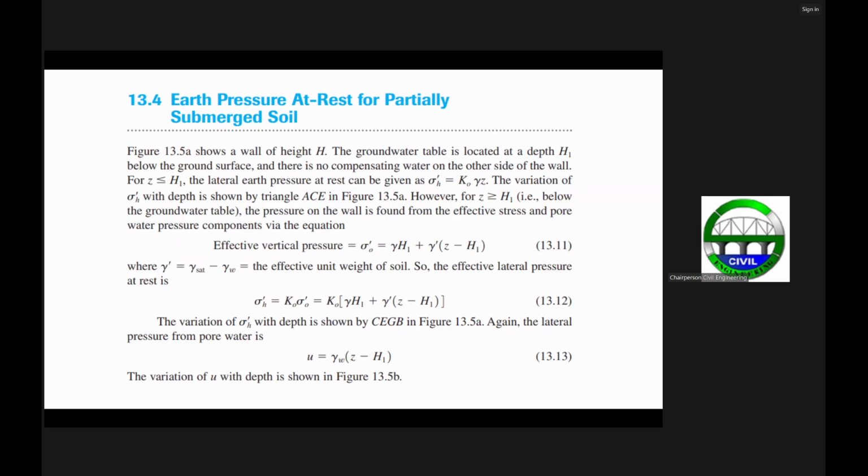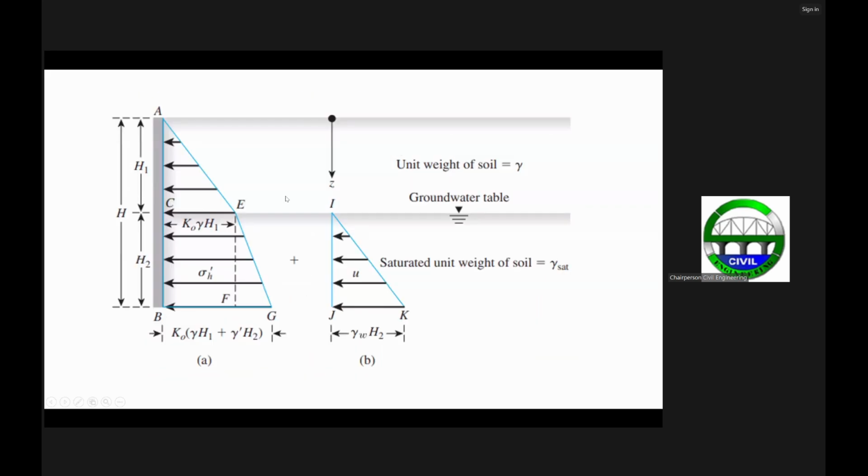In that figure, let us assume that there is no compensating water on the other side of the wall. That means there is no water here, so there is no passive earth pressure.